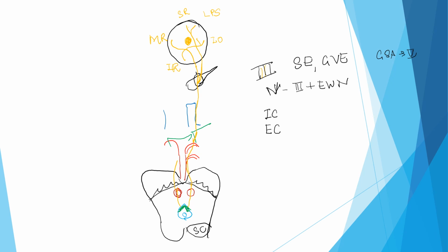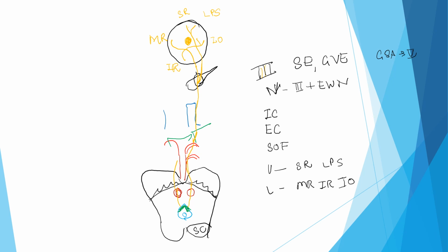It exits through the superior orbital fissure and then it supplies the extraocular muscles by dividing into upper division, which supplies superior rectus and levator palpebrae superioris, and lower division which supplies medial rectus, inferior rectus and inferior oblique.